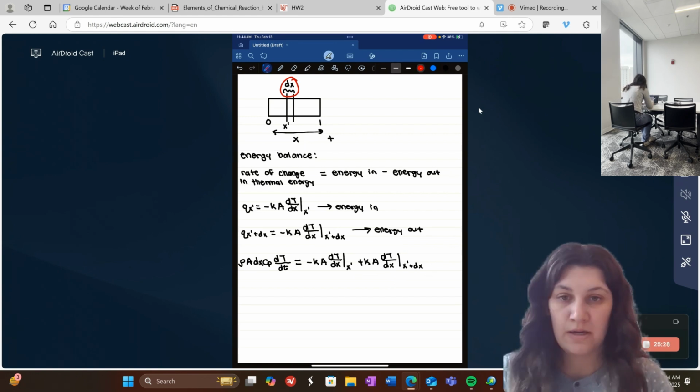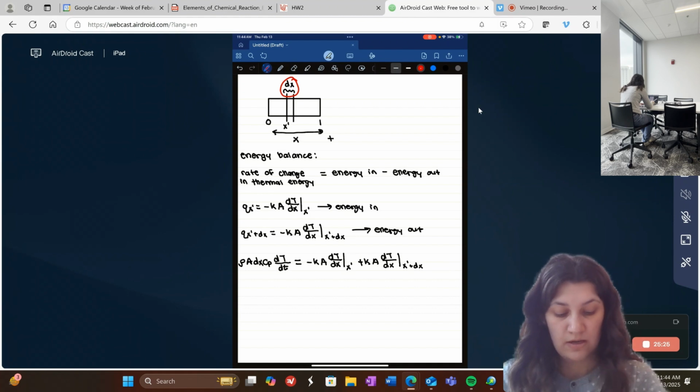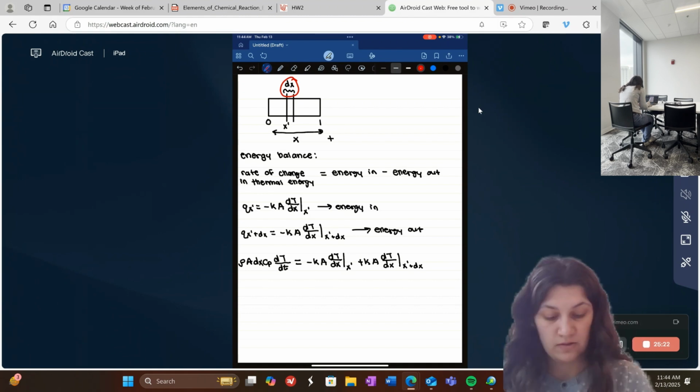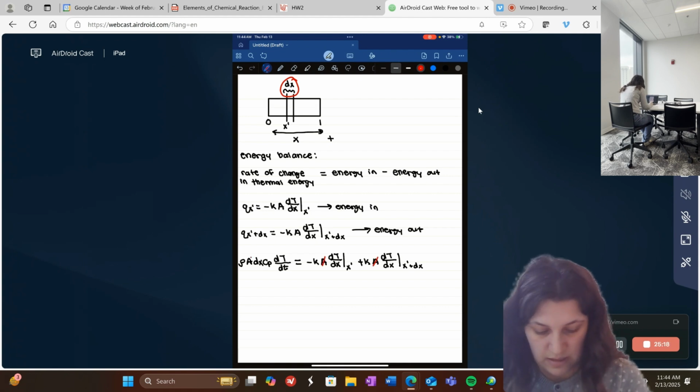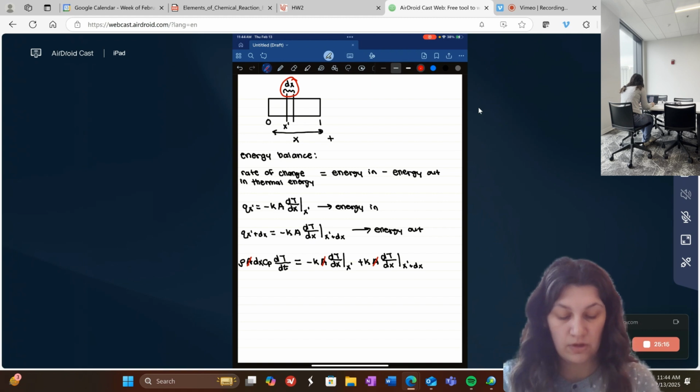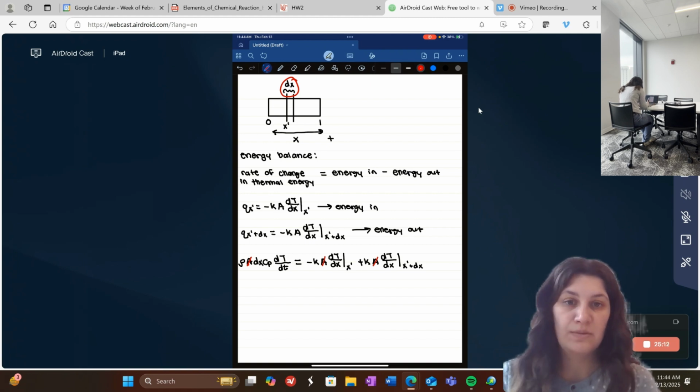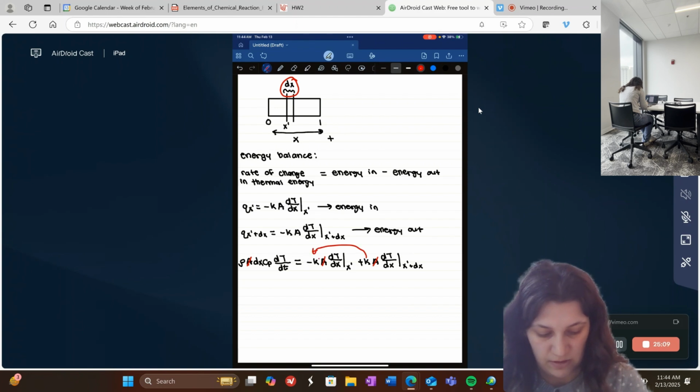Now we're going to make a couple of assumptions. So our first is going to be that the area is constant, so we can go ahead and just cancel out that term across the board. Next, we're going to assume that our K value is not dependent on temperature, so we can go ahead and factor these K values out.